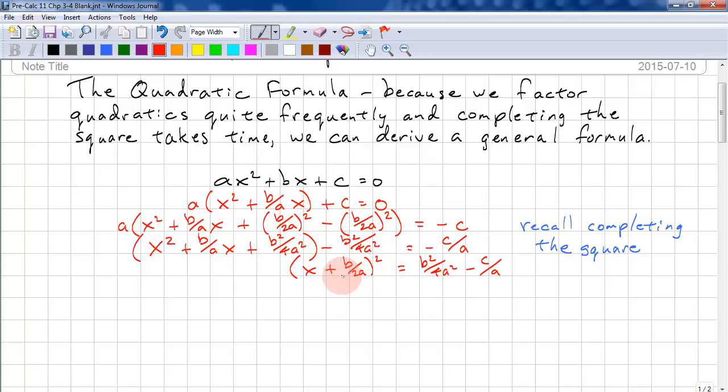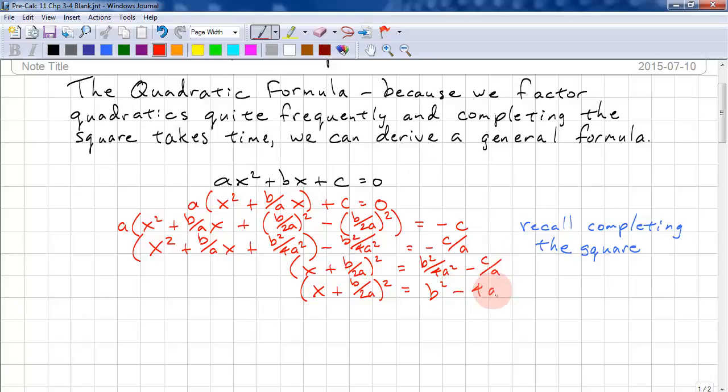This side's now fairly easy. This side we need to have a common denominator. So we'll just keep this side as a square for now. b squared, and we need to multiply by 4a on this one to get a common denominator.